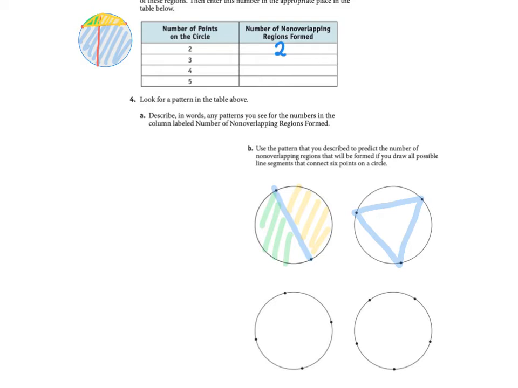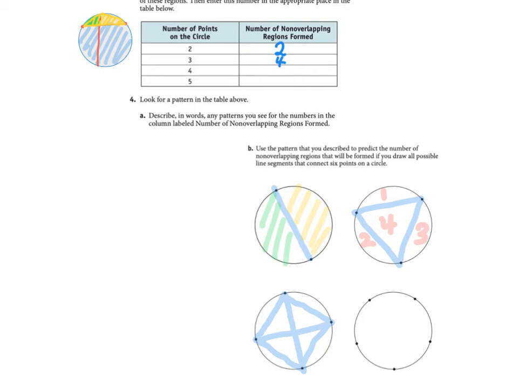So let's see how many non-overlapping regions. There's a 1, 2, 3, and 4. So it will be 4. And the next one, how many chords? You can draw 1, 2, 3, 4, 6, 7.